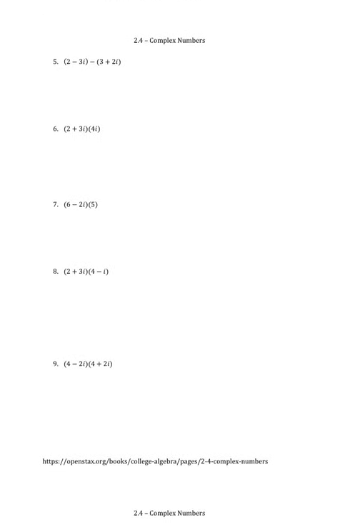So now we're going to look at a few more. Same idea. We're going to perform the indicated operation, write it in standard form. So number 5 is a subtraction problem. So we're going to subtract one complex number from another. The key here is we're going to distribute that negative before we just drop the parentheses.